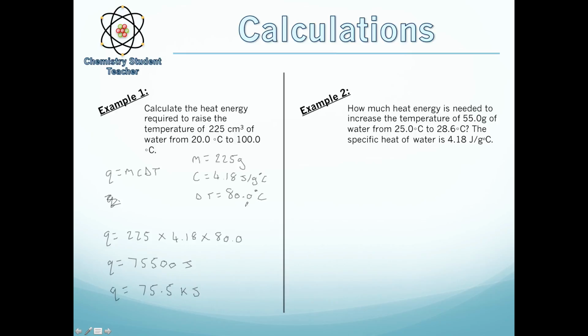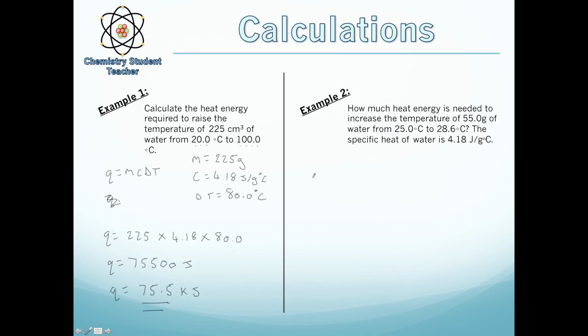Now, like I said, you have to be careful with significant figures because that isn't the calculator value. Here you've got 3 significant figures, 1, 2, 3. Here you've got 3 significant figures, and here you've actually got 4, but the minimum is 3, therefore you give it to 3 significant figures. Hence 75.5 kilojoules, or 75,500 joules.